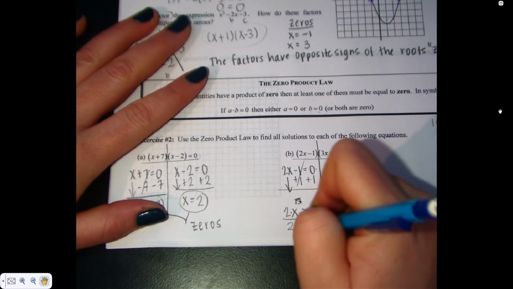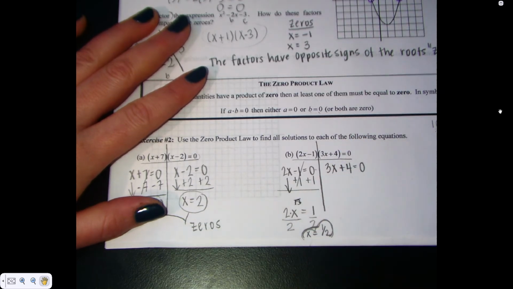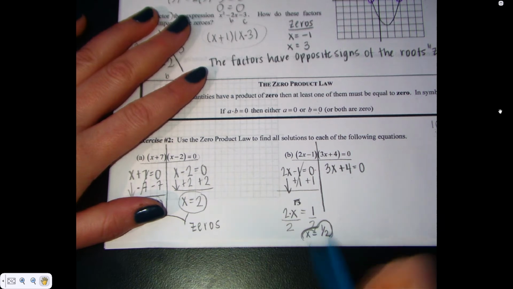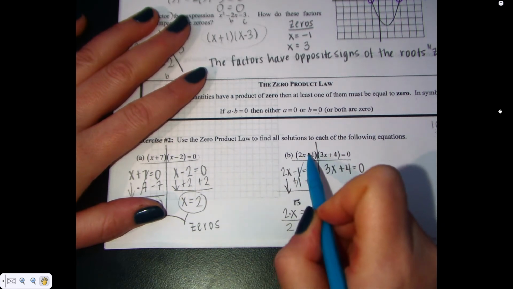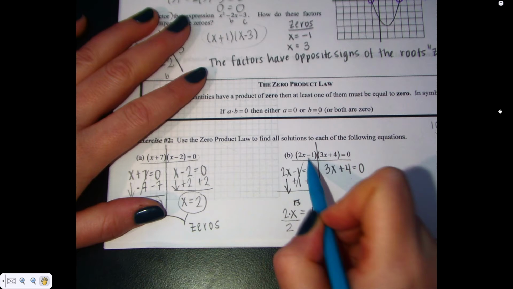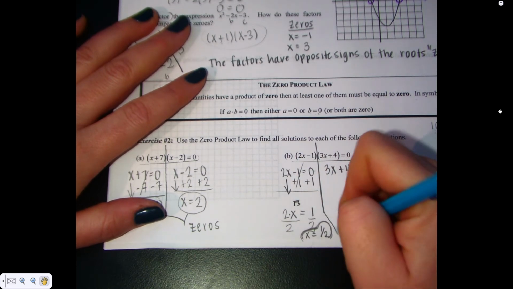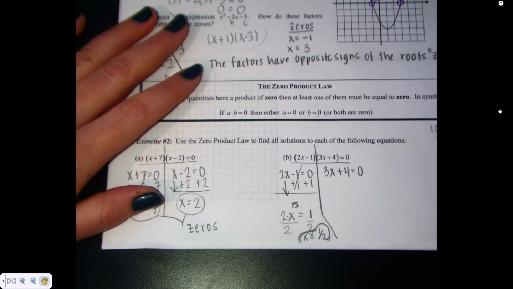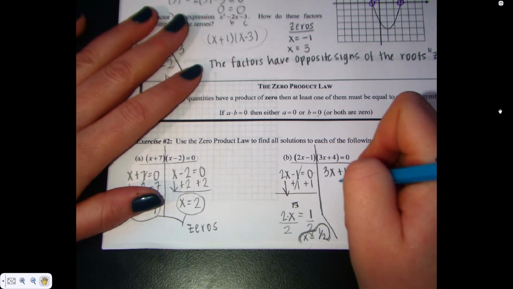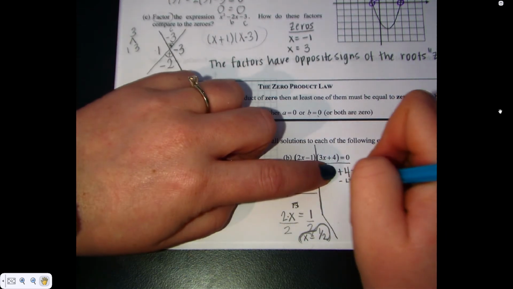Okay, so basically what I'm saying here is that if I put x into this equation as 1/2, it's going to equal 0. So this is a 0. This is a 0. For the next 0, solve for x, so -4.